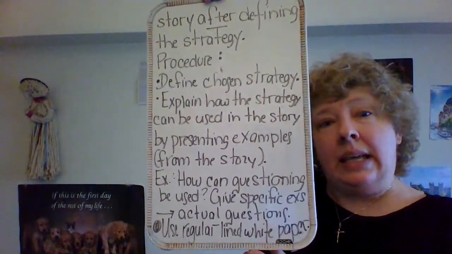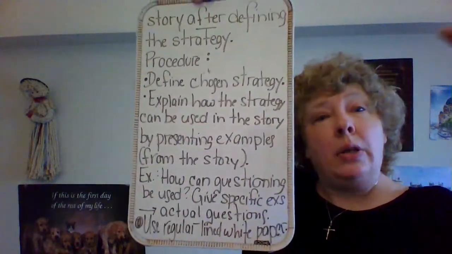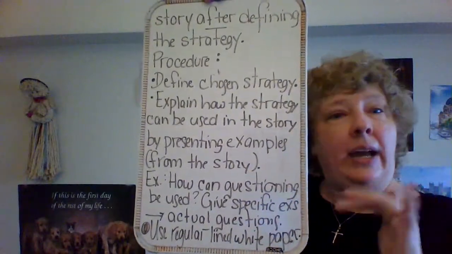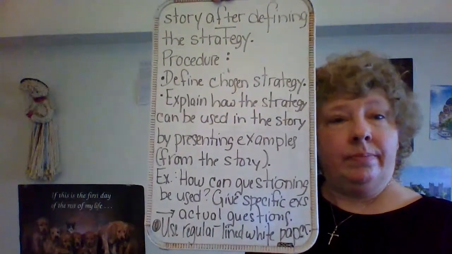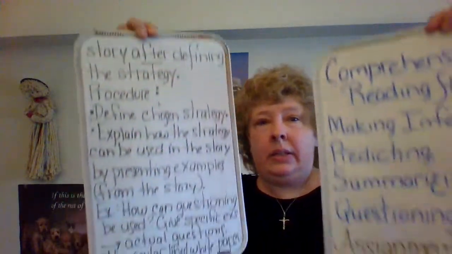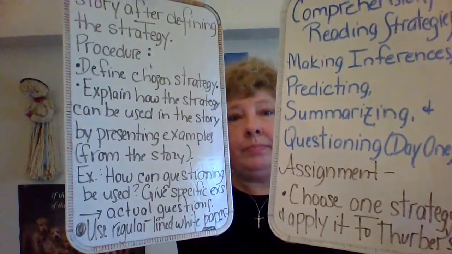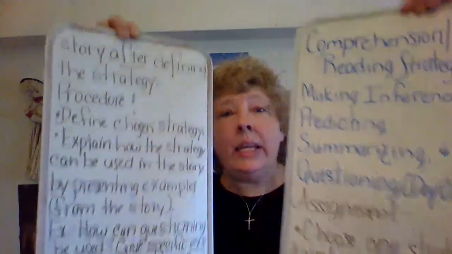Does that make sense? You could put a title at the top, perhaps questioning, summarizing, however you want to do that. Does that make sense? So let's do this again. Here's your assignment. Any questions? Nope. All right.